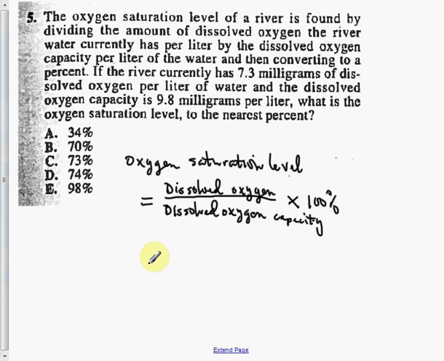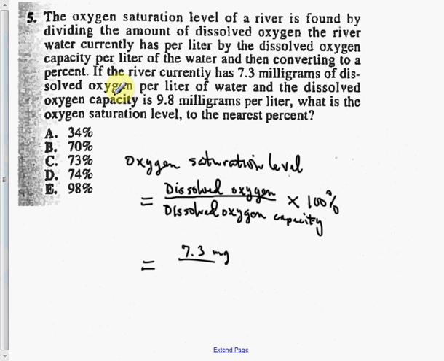All right, so let's see. Here it says that if the river currently has 7.3 milligrams of dissolved oxygen per liter of water, so that's 7.3, and it's in milligrams.